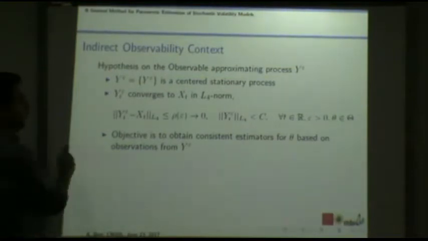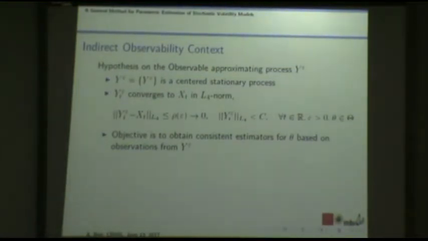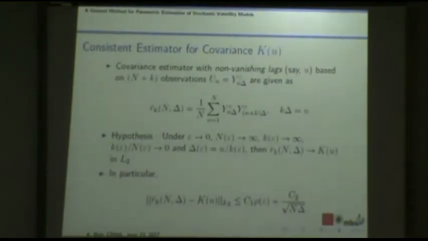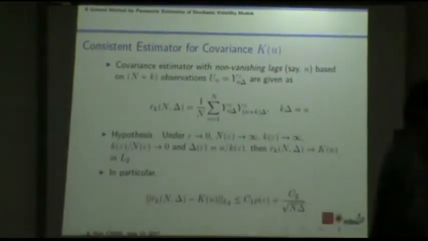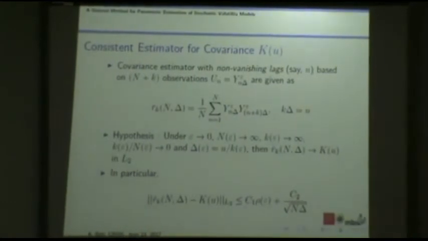I stated this multiple times: the objective is to obtain consistent estimators for the unknown vector of parameters theta based on the observations from the process Y epsilon. Let me put it down for recollection.